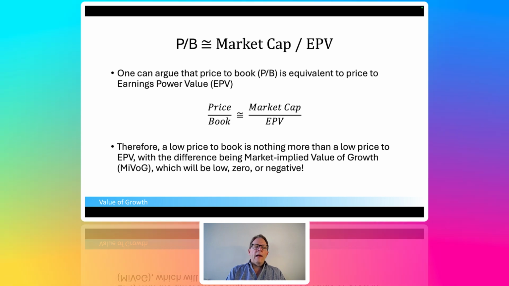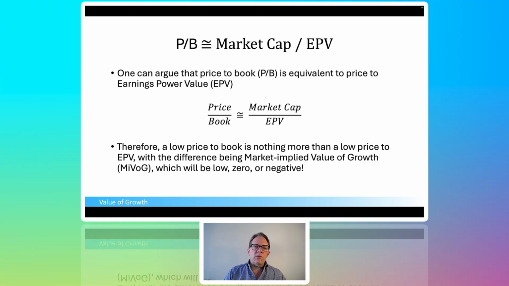Therefore, a low price to book is nothing more than a low price to earnings power value, with the difference between your market cap and your earnings power value, effectively your market-implied value of growth, which we've been talking about. In this case, which will be low, zero, or maybe even negative. So a low price to book is effectively a low market-implied value of growth.